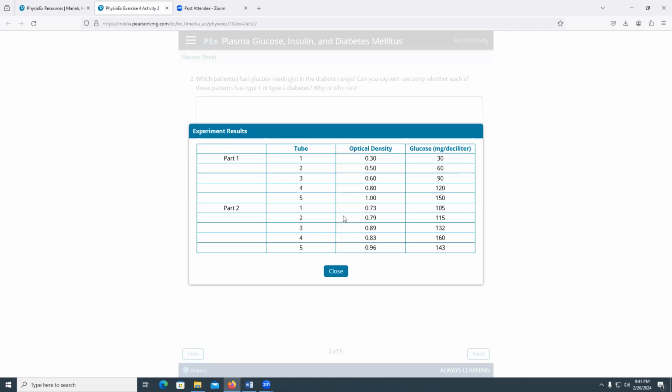Well, let's see. In the diabetic range, it was patient number 3, that was diabetic, 4, that was diabetic, and patient number 5 is diabetic, because it's all above 126. But you can never tell if it's type 1 or type 2.